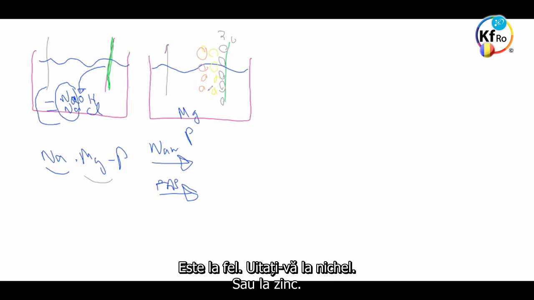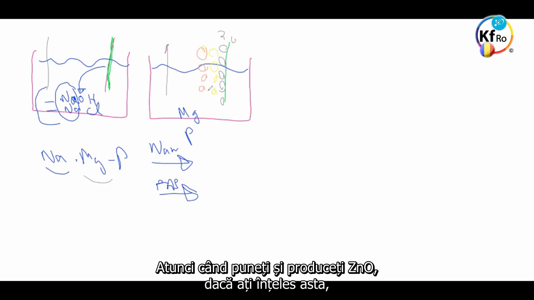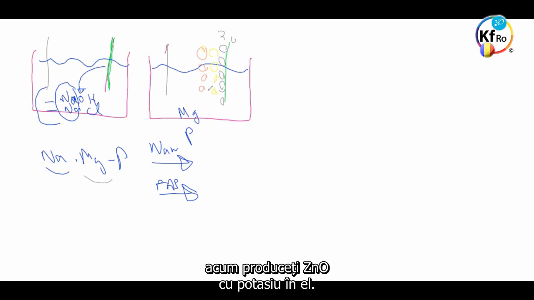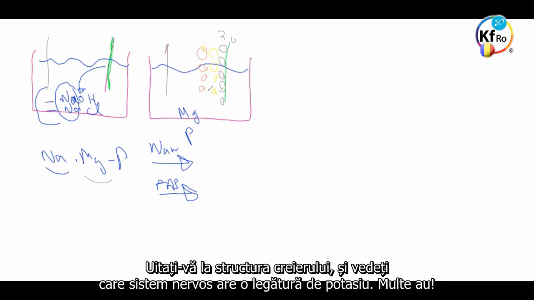It's the same. Look at your nickel or your zinc. When you produce zinc oxide, if you understood this, now you produce a zinc oxide with potassium in it. Look into the structure of the brain and see which neural system has a potassium link to it, more of.